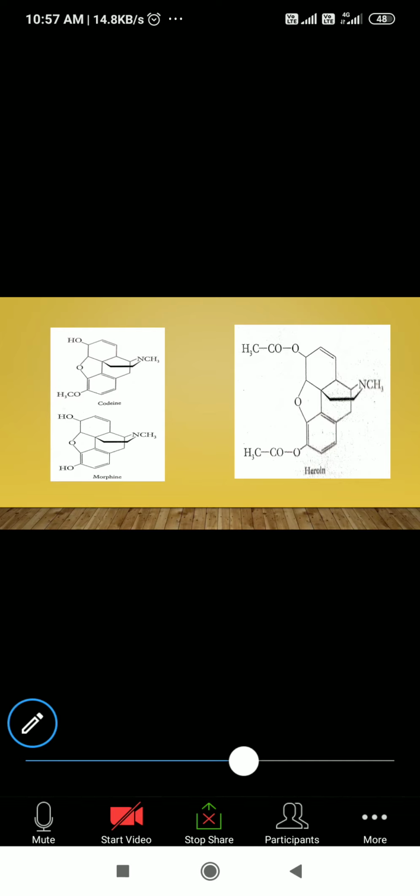We also have Datura, which is able to produce secondary metabolites. Even two different solanaceous plants are able to produce secondary metabolites: first is the potato, another is the tomato.